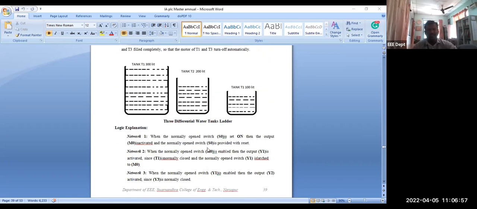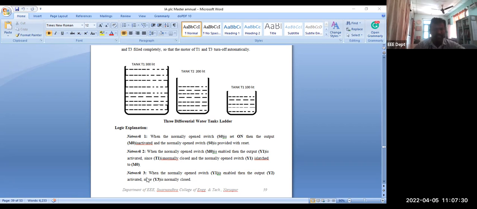Here is the network explanation. When normally open switch S0 is set on, then the output M0 is activated, and the normally open switch S0 is provided with reset. Coming to network 2, when normally open switch M0 is enabled, then the output Y1 is activated, since T1 is normally closed and normally open switch Y1 is latched with M0.